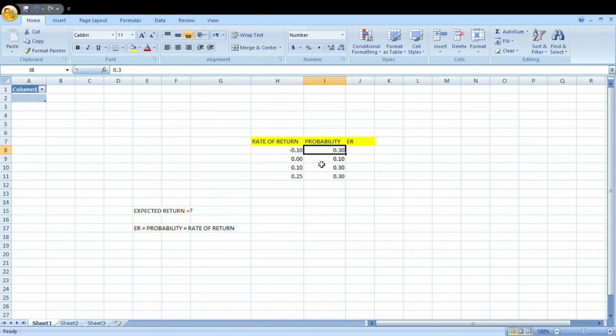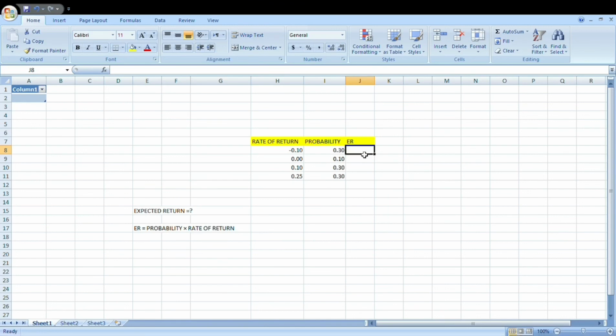There is a 0.30 chance to get minus 0.10 rate of return, which means a loss, a 0.10 chance to get 0, a 0.30 chance to get 0.10 rate of return, and a 0.30 chance to get 0.25 rate of return. We have to find the expected rate of return, and the formula given is probability multiplied by rate of return.